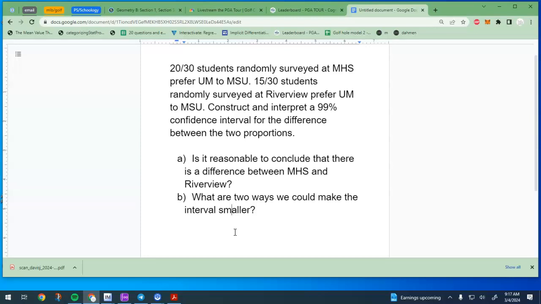Oh, we did type 1 and type 2 error. Were you here for that? What did we do Friday? Oh yeah, it was homework 3, right?